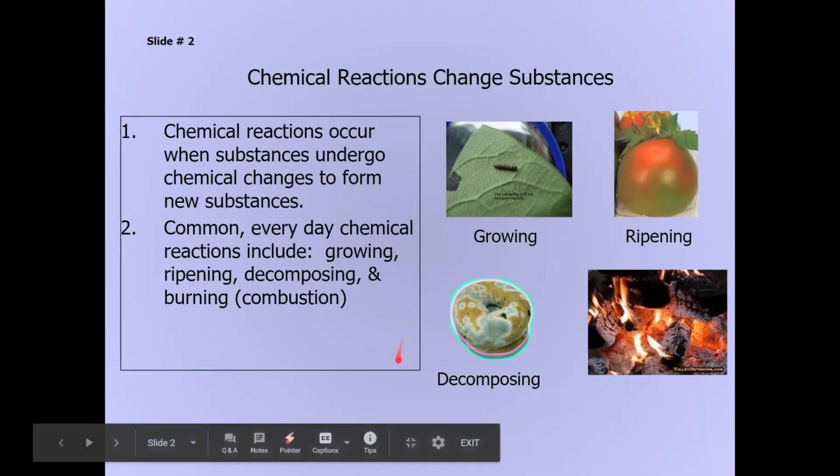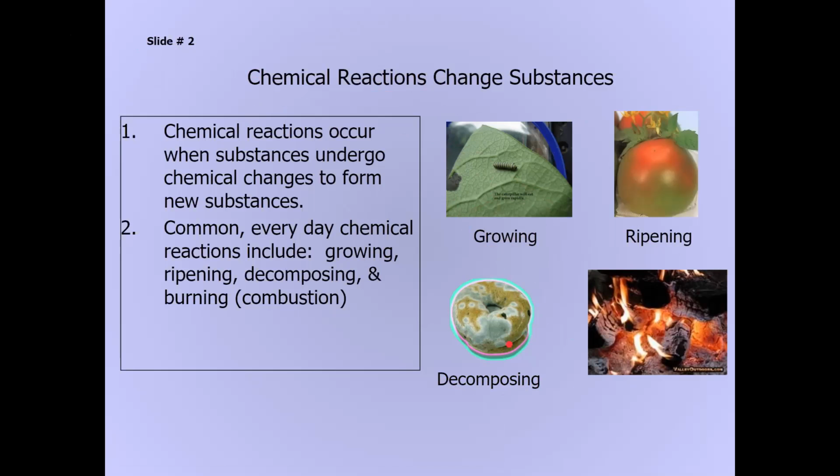So decomposing is kind of similar to growing, only it's things like mold and fungus that are growing on our food instead of little animals and plants growing up to be big and tall, right?